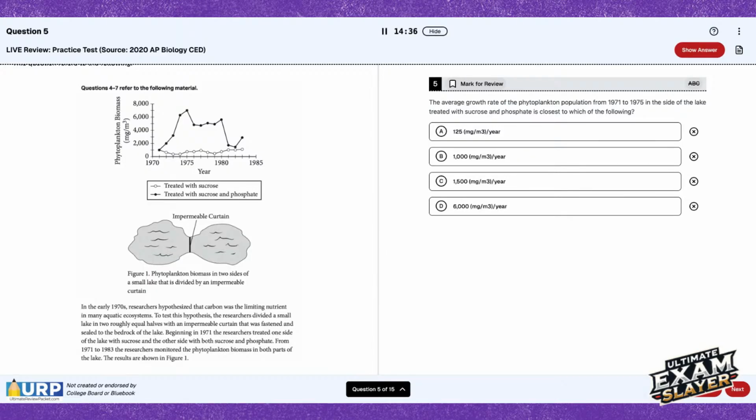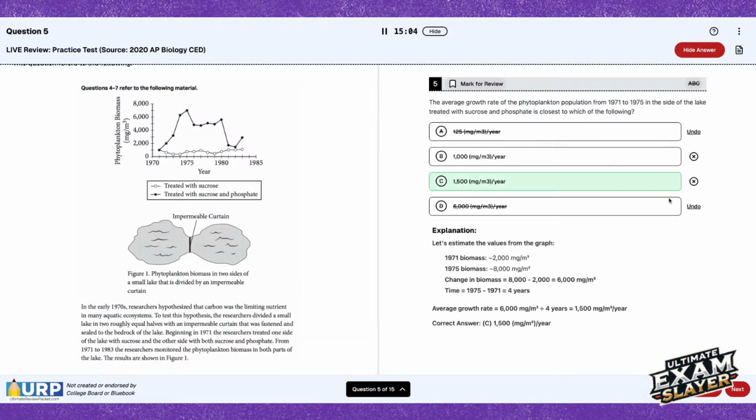Right off the bat, I'm going to take away A and D because they're such outliers to the data that they can't possibly be the options. So we're going to cross those off. You should have responded and done your math, so you should have 6,000 divided by 4.